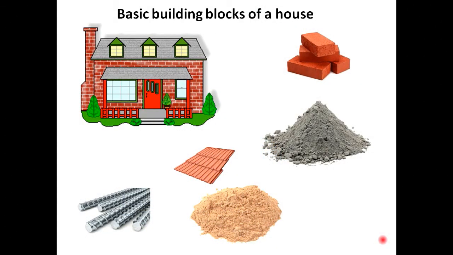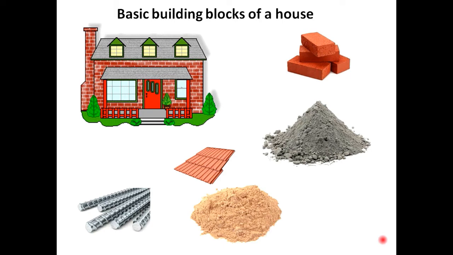Before moving on to the concept, let's have another real life example. You can see a house there, right? And in the other section you can see bricks, cement, soil, rooftop tiles, iron and steel, etc. These bricks, cement and soil can be considered as the things that we will use in the initial stages of our construction, or we can say the basic building blocks of a house, right?